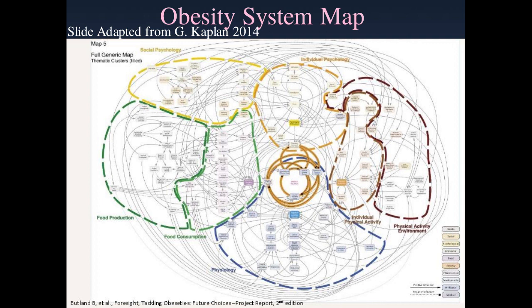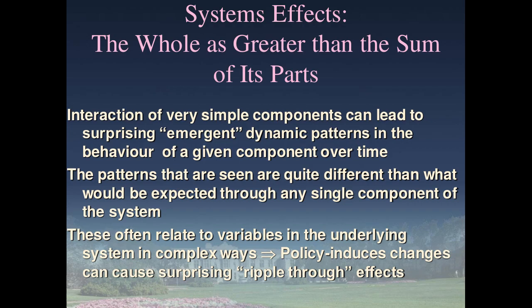And of course, the Foresight diagrams from the UK have sought to systematically map out different realms of influences involving the obesity crisis in many developed countries, with physical activity, environment, physiology, food consumption, food production, articulated with the feedbacks and interactions between these laid out in a demonstration of tremendous interconnection and complexity.